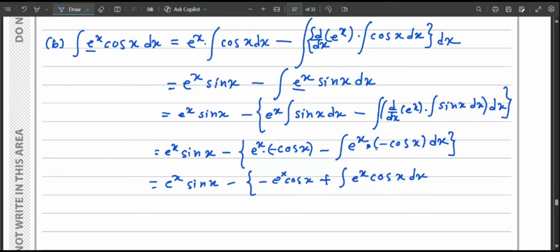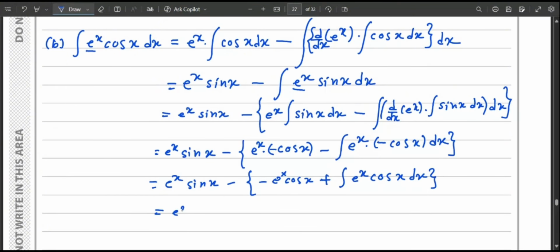The minus sign here comes before the integral sign. When it comes before the integral sign, the minus sign outside and the minus sign from inside multiply together to form a positive sign here. So we can see that we are left with this inside the bracket.